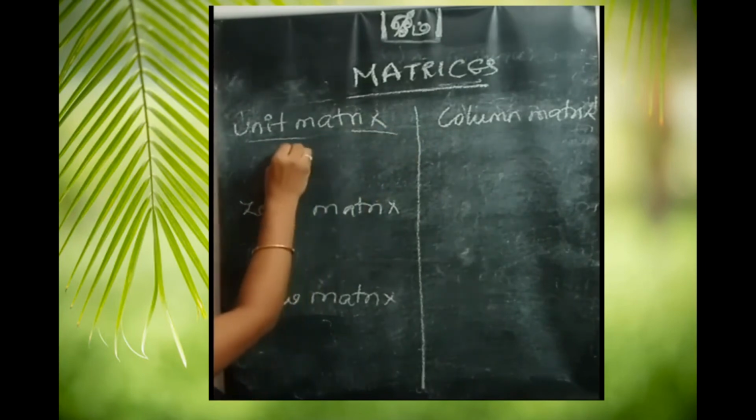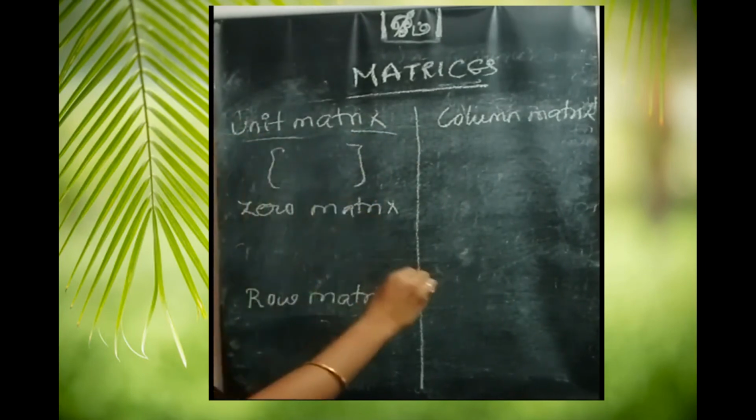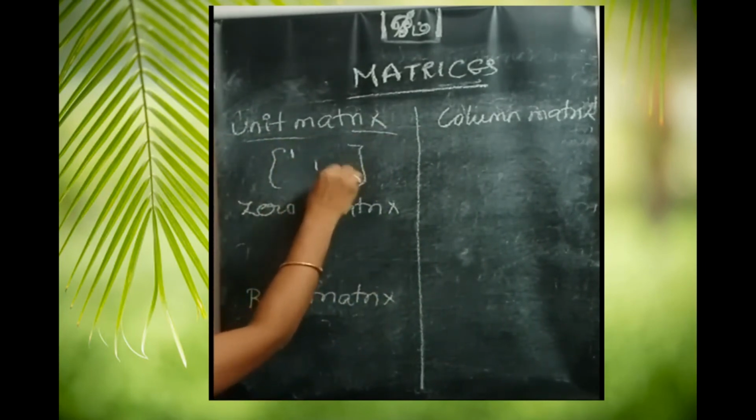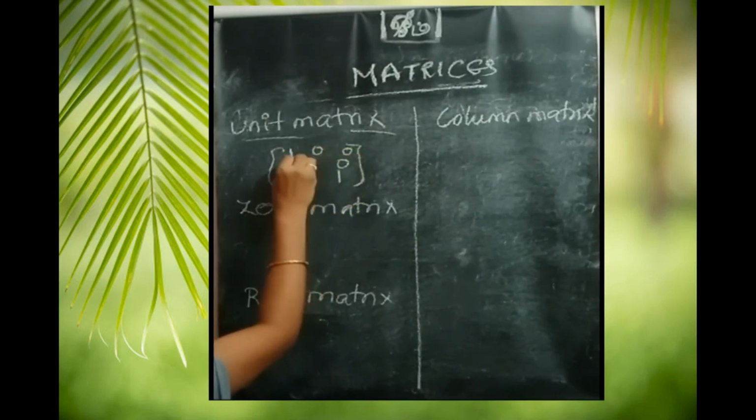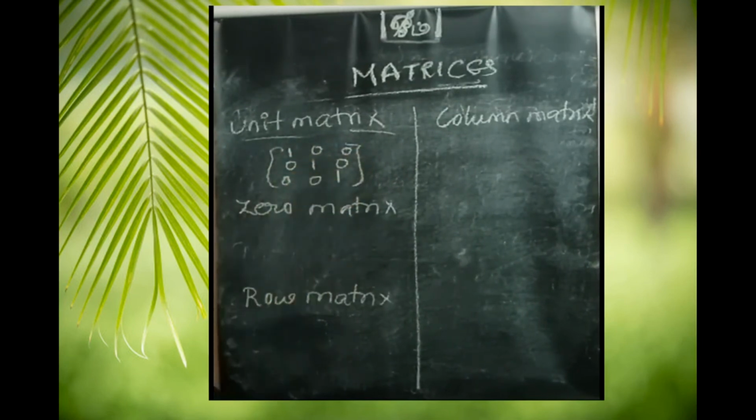Unit matrix means a matrix having all the diagonals equal to 1 and the remaining non-diagonal elements 0. So here the diagonal elements will be only 1. If it is 1, that means unit matrix.